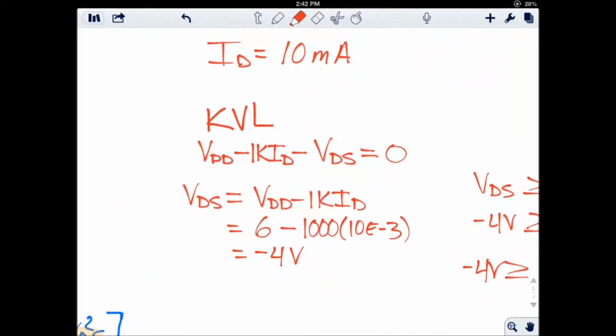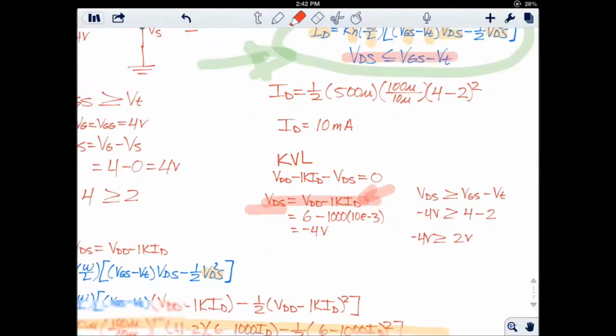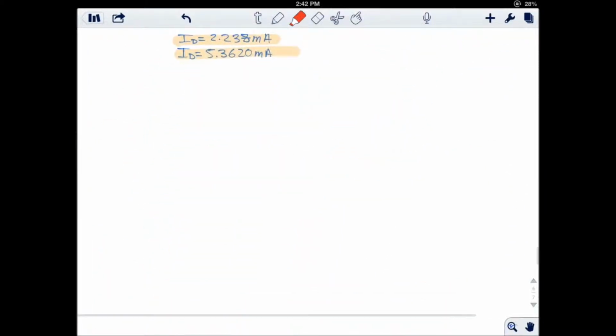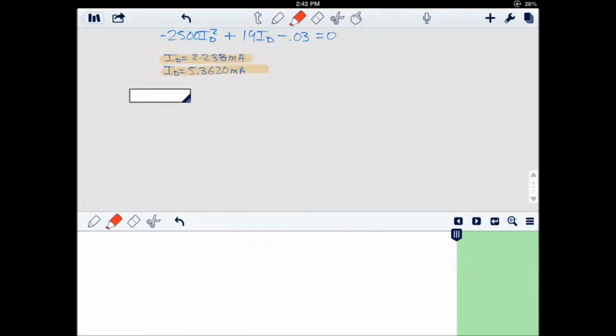So we could substitute ID here, find the value of the voltage VDS, and see if the equation is true. Let's do that. I'm going to start with 5.36 milli, because I know that's the value and the time is almost running out.